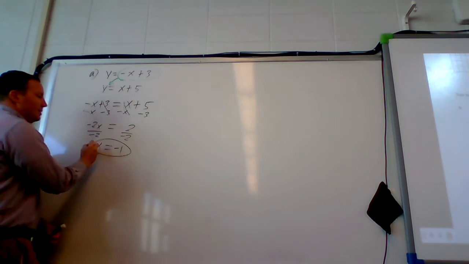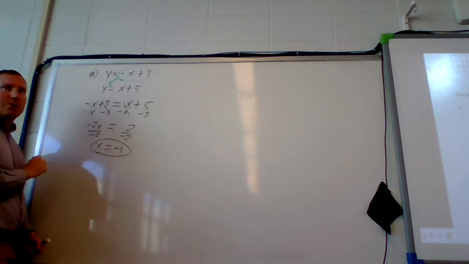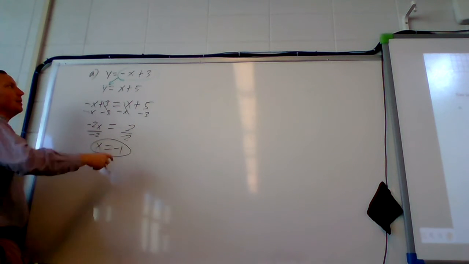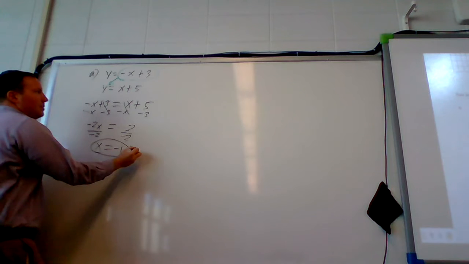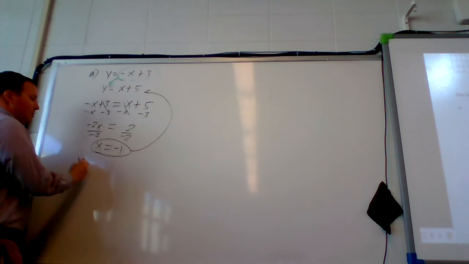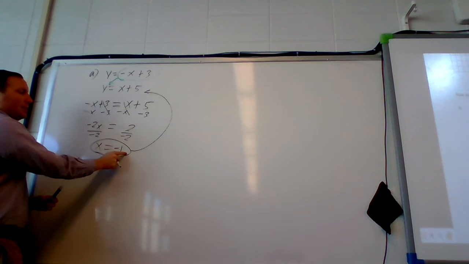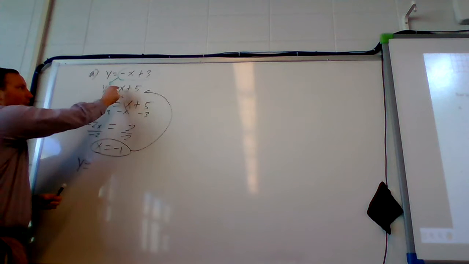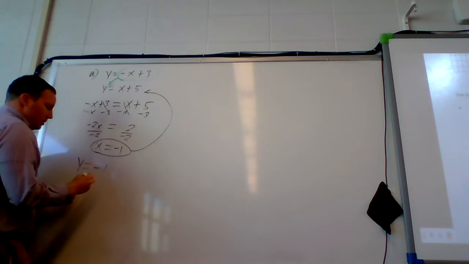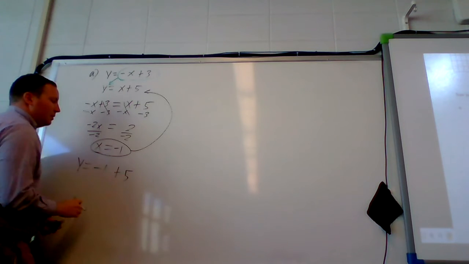So I can take this variable and I can plug it back into either of the first two equations. I would choose the easier one. I don't want to deal with the negative. I'm just going to plug it into this bottom one. So then I'm going to get y equals, again, replace my x with what it is equal to. I'm substituting that in, so negative 1, then I have that plus 5 left over.